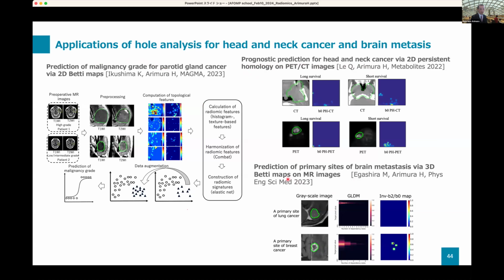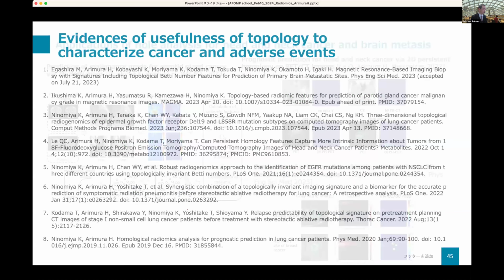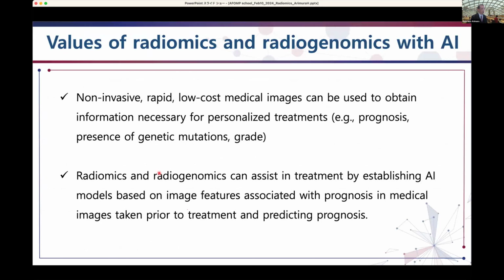And also we applied the analysis to the prediction of primary sites of brain metastasis. So we published 8 papers so far regarding whole analysis. And this is the final slide.